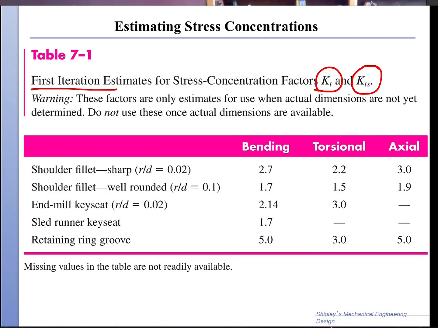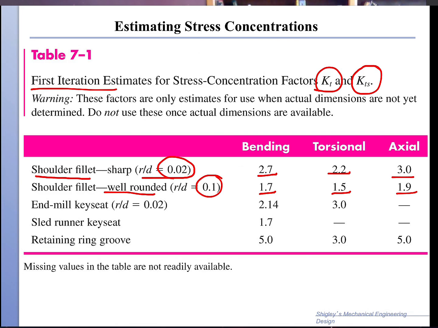And what you'll see here is that there are standard requirements for shoulder fillets that can be either sharp, where the radius of the fillet is 2% of the small diameter, or well rounded, where the radius is 10% of the diameter. In these cases, we have estimates for bending stress concentration factors, torsional stress concentration factors, and axial stress concentration factors.